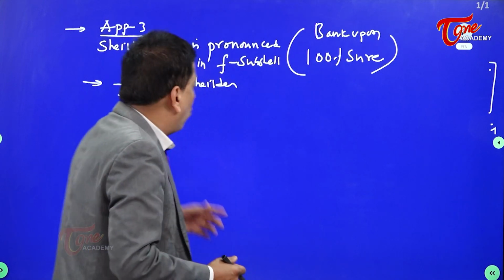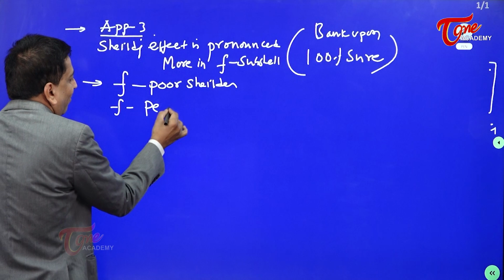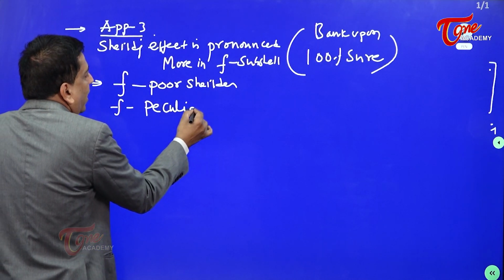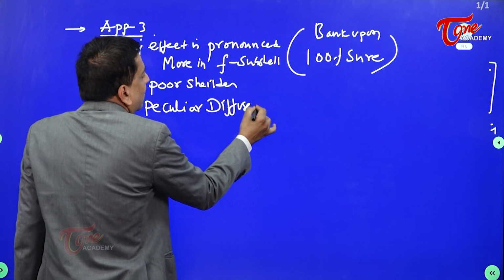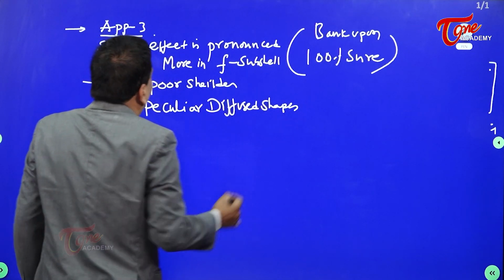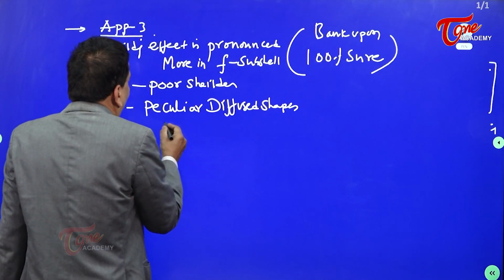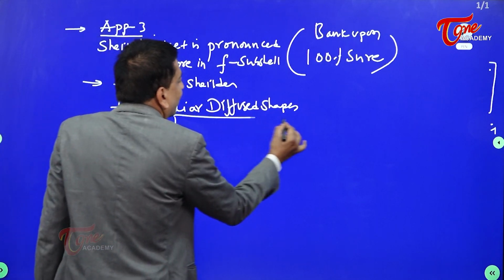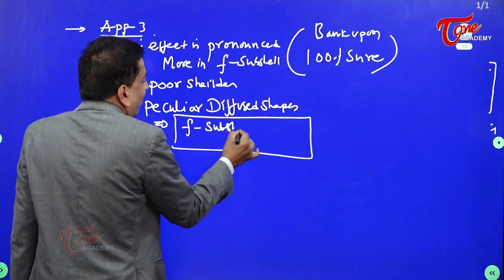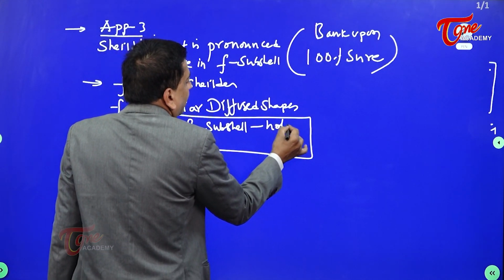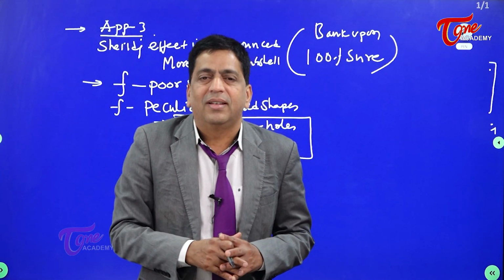If someone asks me why, then they say F has peculiar diffused shapes. When you say it has peculiar diffused shapes, it implies that the F subshell has holes.